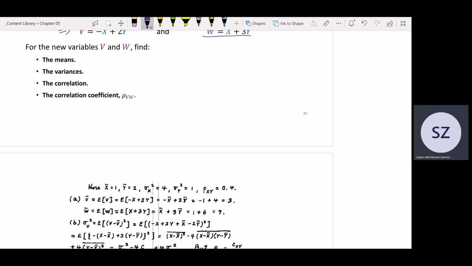Then the mean of V will be equal to the expected value of V, and as we agreed before, we just substitute the V, and using the linearity, it will be minus x bar plus 2y bar, and this is all given, so we have. Okay. Similarly, for W, the expected value of W, again we substitute what W is, and then we separate them because of the linearity, and we integrate. Good. Now, the next one, the variances of W and of V.